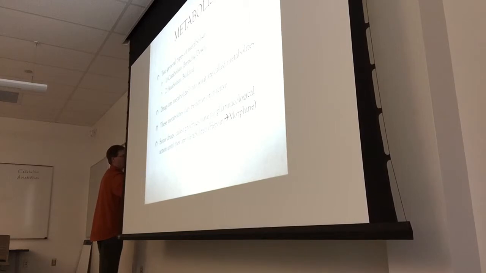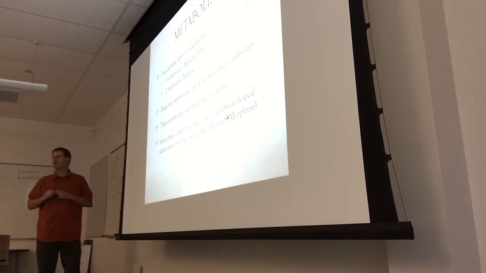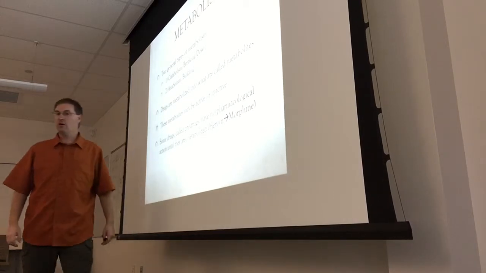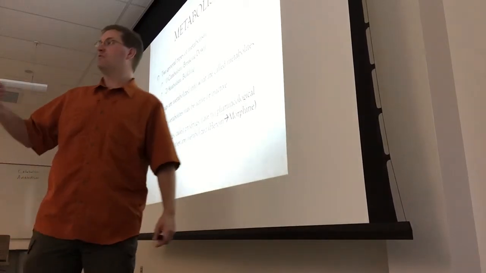And we call those active forms of drugs active metabolites. So morphine is an active metabolite of heroin, or diacetylmorphine. Is everybody okay there?